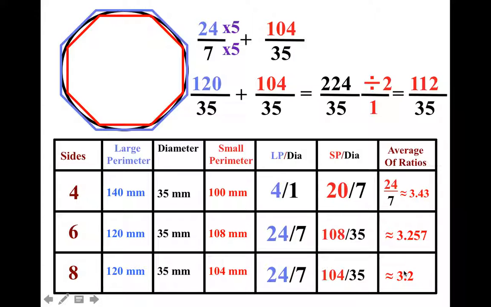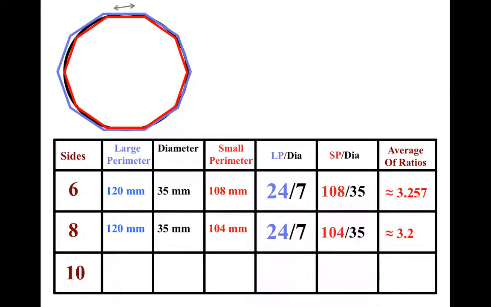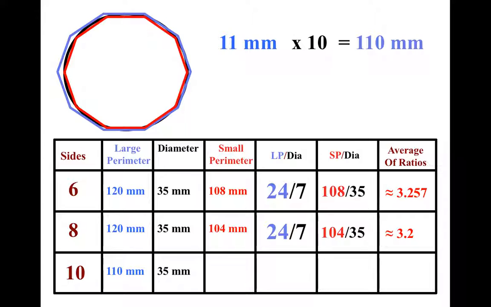All right, last one, I promise. Here's a decagon. Notice the amount of space we've got here. Not very much between the small and the large shape. It was actually kind of tough to do on the computer. All right, so this one's going to be 11 millimeters times 10, which gets me 110. But technically it was about 11.3 when I did it, but I rounded down to 11 millimeters, which kind of makes it interesting because the smaller one's also 11 millimeters. It really wasn't.